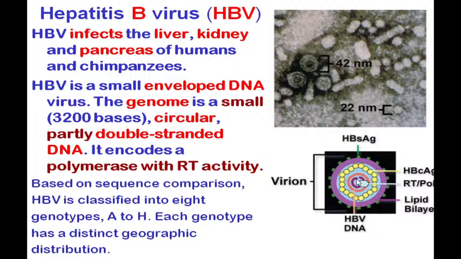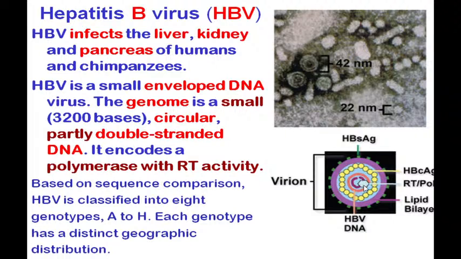It has a unique genome: very small, 3.2 kilobase pairs, circular, partly double-stranded. What does partly double-stranded mean? It means the negative-sense DNA strand is complete and the positive-sense DNA strand is not complete.